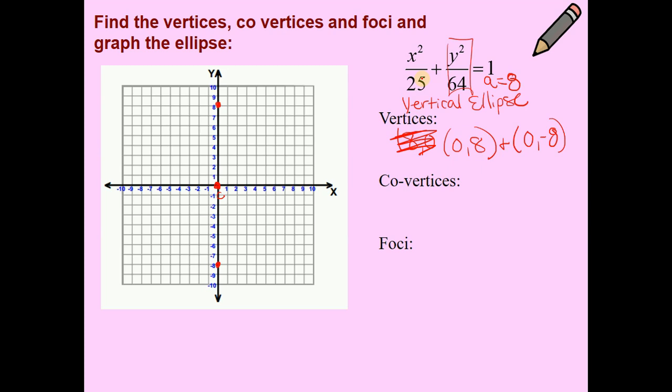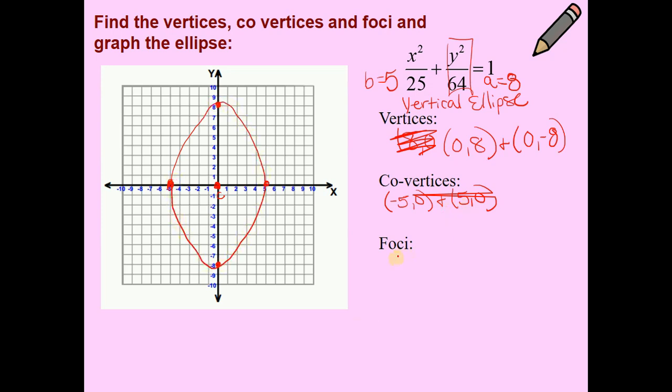So my b value is 5, because it's the square root of 25. So that tells me from the center, I have to go out 5 both ways. So out 5 there, out 5 here. Okay, my co-vertices then are located at negative 5, 0, and 5, 0. Oop, my pen decided to go weird. So I have my ellipse. I can draw him in now.